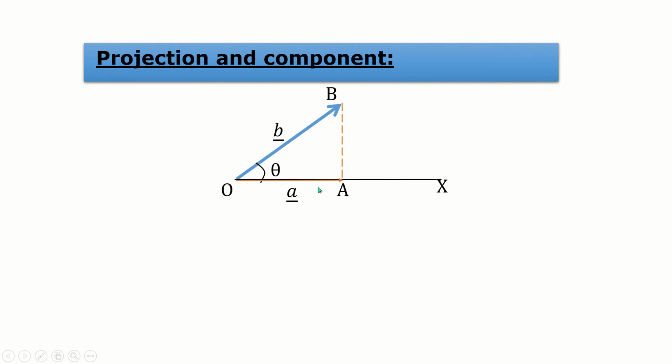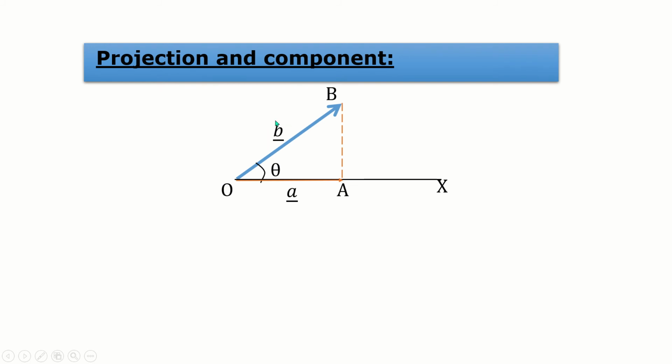Clear? But OA is equal to what? OA is equal to, we know, OB cos theta. Why? Because OA, that means base divided by hypotenuse, equals cos theta. So OA equals OB cos theta by cross multiplication. Clear? So OA equals OB cos theta, but OB, when we write only OB, means the absolute value of OB vector or absolute value of small b vector.